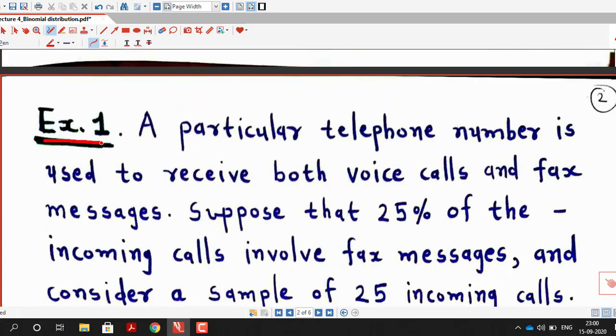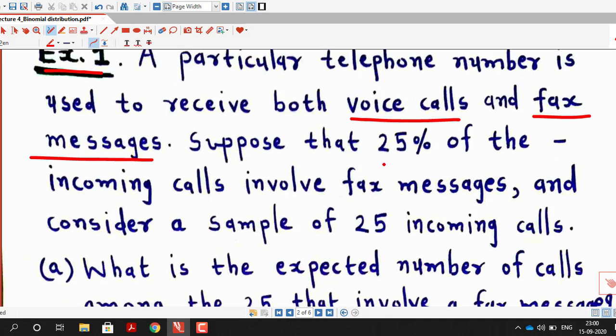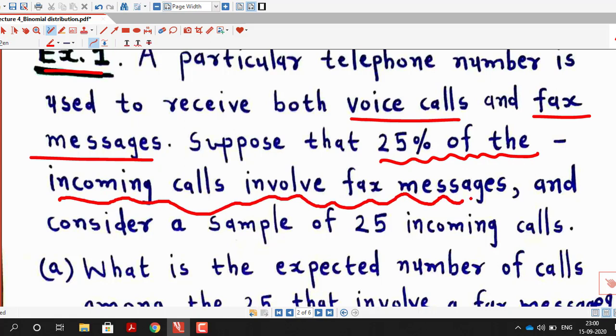Example number 1: a particular telephone number is used to receive both voice calls and fax messages. Suppose that 25% of the incoming calls involve fax messages, and consider a sample of 25 incoming calls.